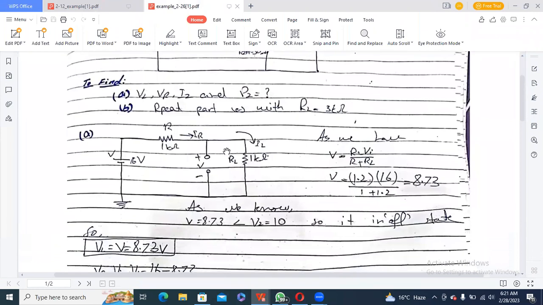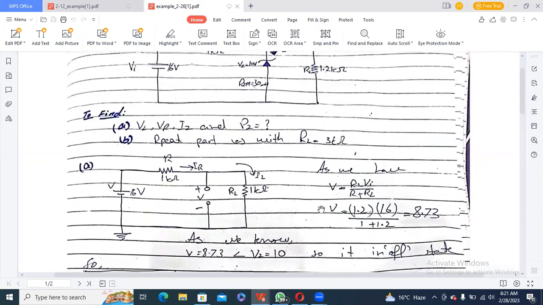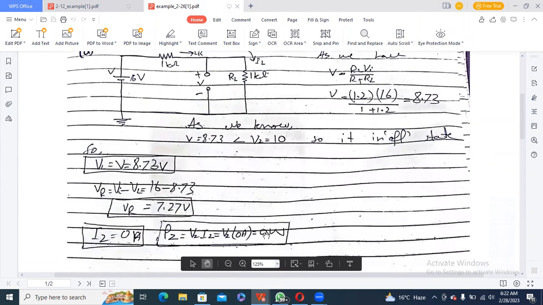For this, we find the voltage across here, VZ, and the Thevenin equivalent. We have VL equal to RL VI over R plus RL. We get 8.73, which is less than VZ, which is 10, so it is in the off state. So VL is equal to V is equal to 8.73.